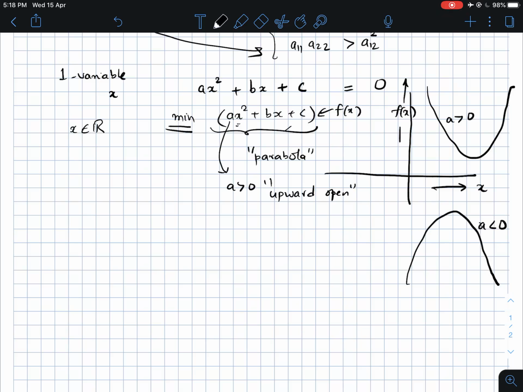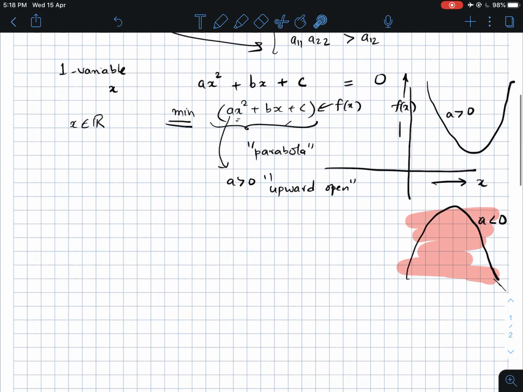Clearly, if you are trying to find a minimum value, then it doesn't really help to look at this case, because the function simply keeps going down to minus infinity. As you keep increasing x, the function keeps going downward all the way to minus infinity.